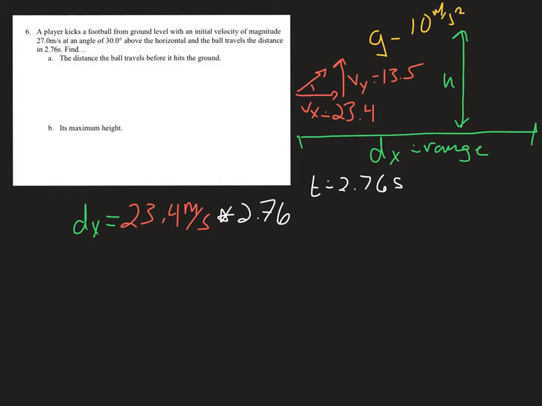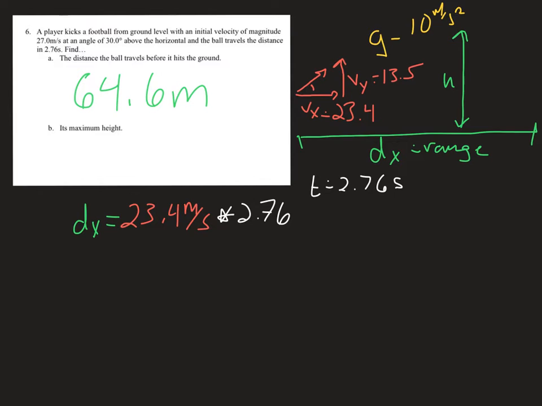Putting it in the calculator, 23.4 times 2.76 should give me a value of 64.58. We'll round that to a nice number, 64.6 meters.